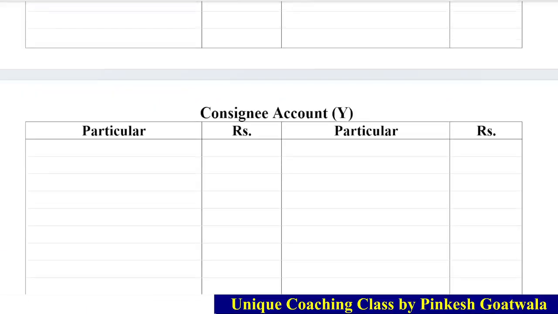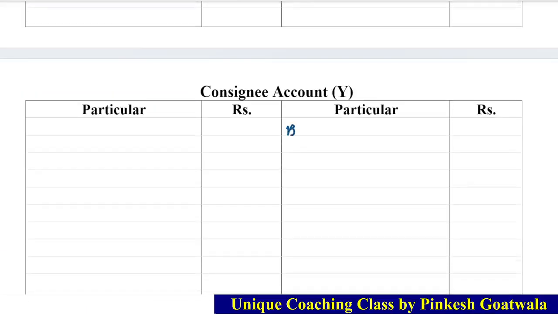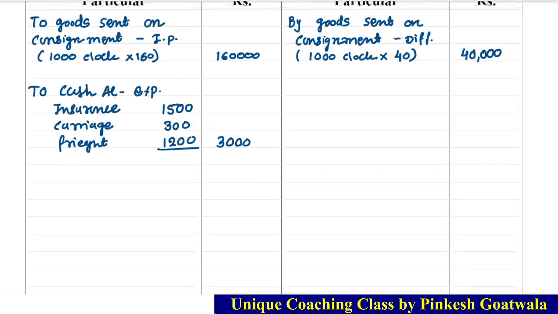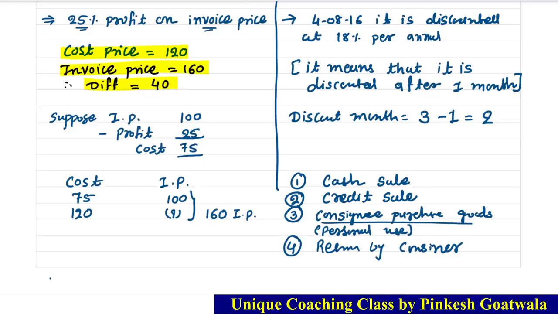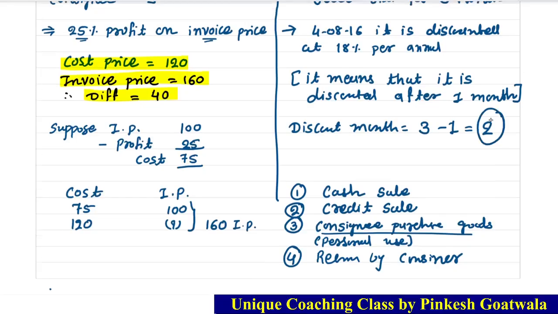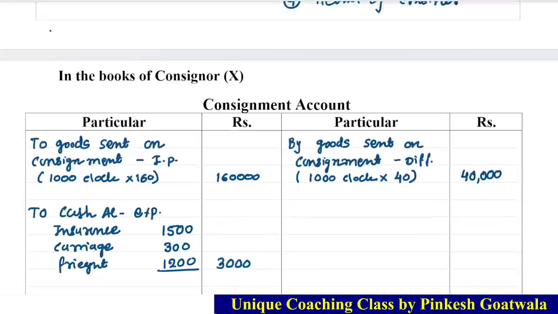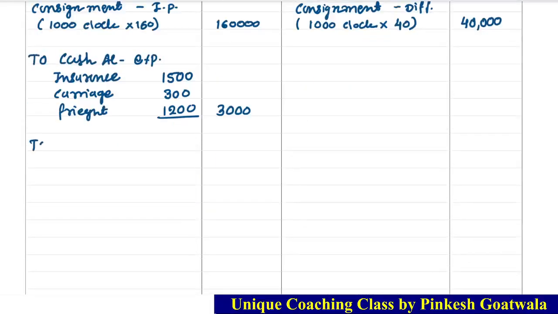Then X drew 30,000 bills. So we give effect to consignment account credit side by BR, that is advance amount 30,000. And it was discounted. So remember in a previous sum we wrote the journal, but now we directly give effect. 2 months discount has to be calculated, right? So directly give effect here. Don't write journal in exam.